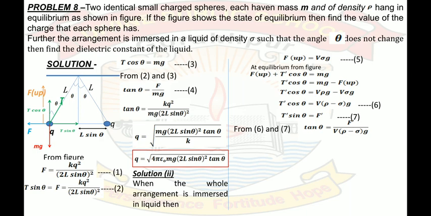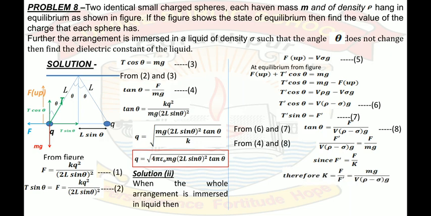In equation number 4, it was also tan theta, which was equal to F upon mg. I have made this equation number 8. So from equation number 4 and equation number 8, we are going to have F dash upon V into rho minus sigma into g is equal to F upon mg. Now, since F dash is the force in the medium, which is equal to force in the vacuum upon dielectric constant, we will put the value.